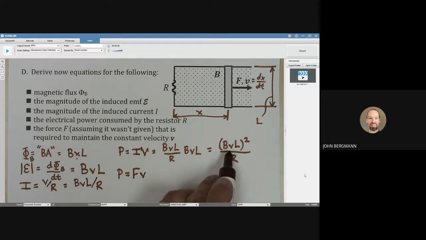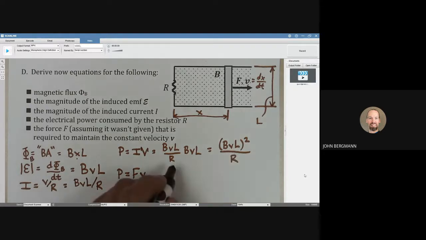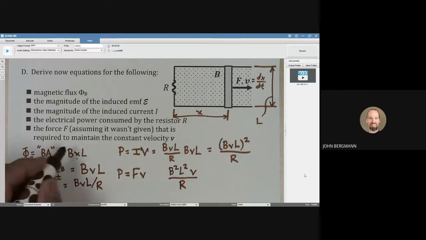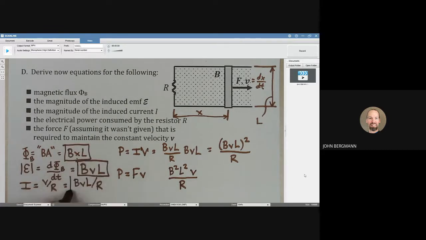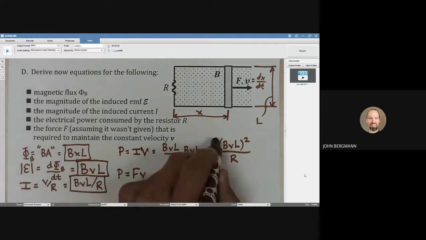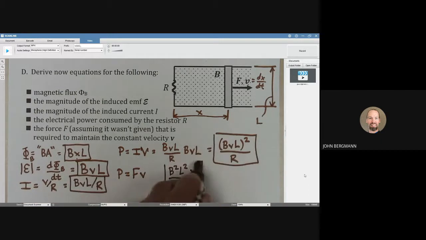So I think a v that is in here, there are two of them in the numerator. One of them is going to go away. So we're going to basically end up with something like this. The B is still going to be squared. The L is still going to be squared, but there's just going to be a v there divided by R. There you go. So those are the answers to all 5 of those posed questions right there.